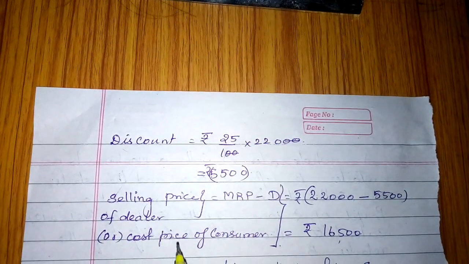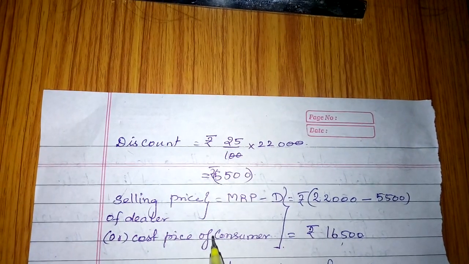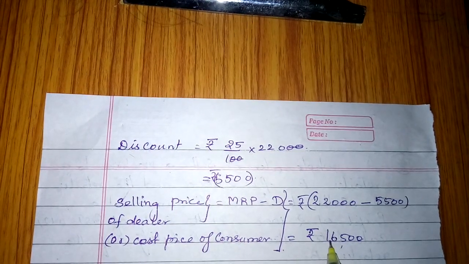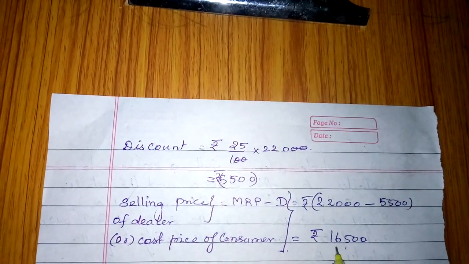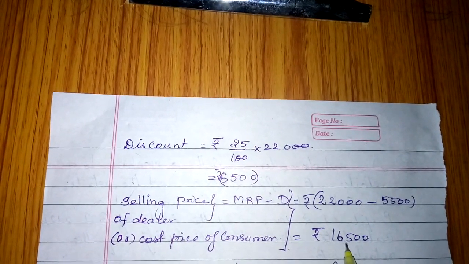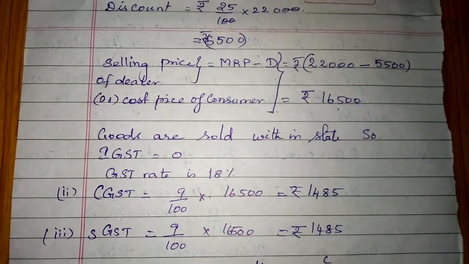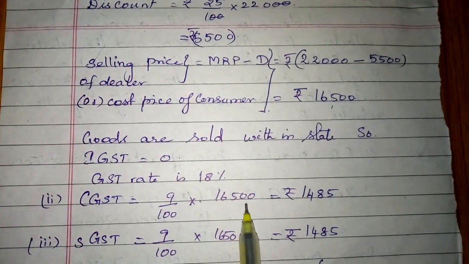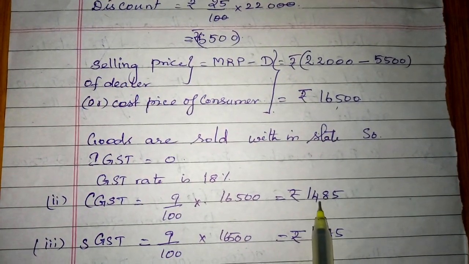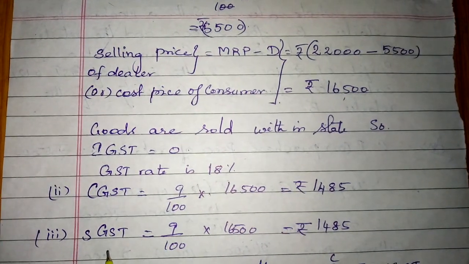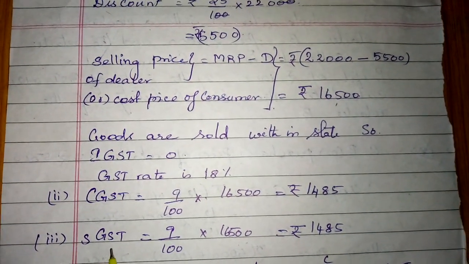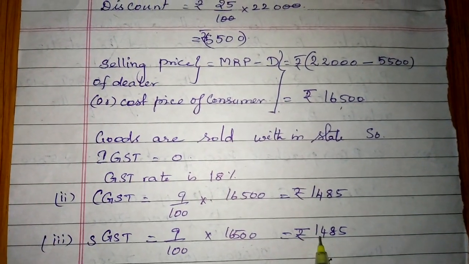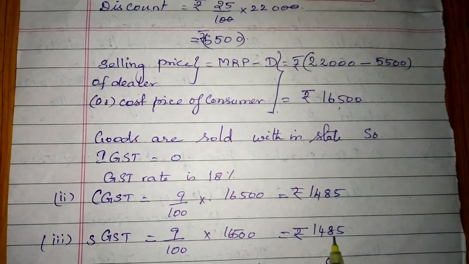But CGST and SGST you have to find, that is 9% of 16,500 and 9% of 16,500. So CGST is equal to 9 by 100 of 16,500, which is rupees 1,485, and the state tax is also 9 by 100 of 16,500, that is also 1,485.